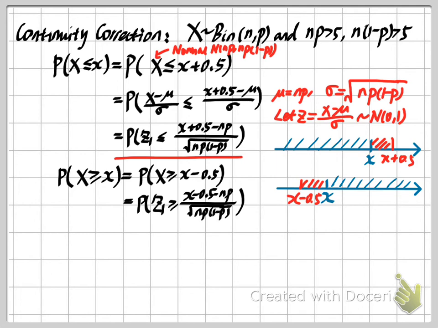Now if we want to use the table of the CDF of the standard normal random variable, we need the CDF symbol, so capital Z smaller or equal to something. That means we need to use 1 minus the probability that capital Z is smaller or equal to the same value.